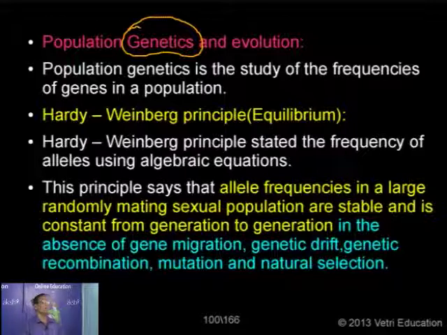Population genetics was studied extensively by two people: G.H. Hardy of the UK and Weinberg of Germany.